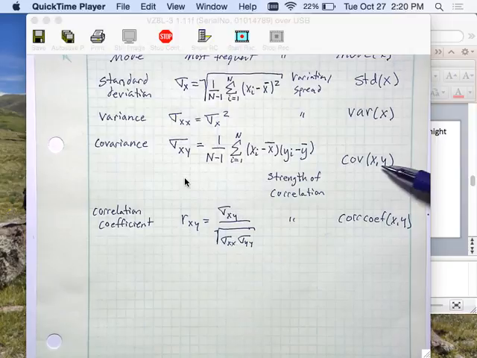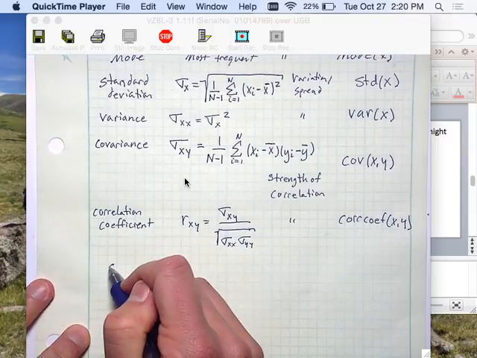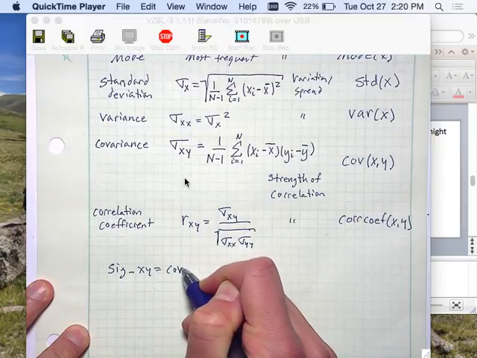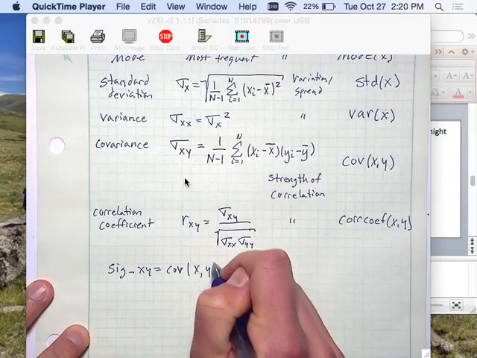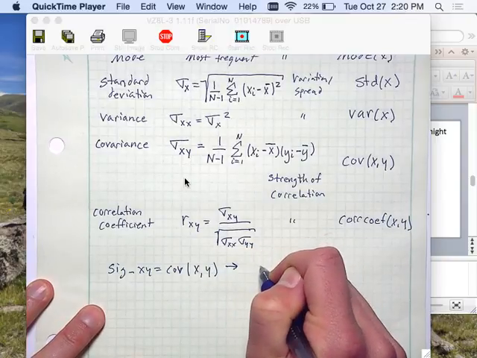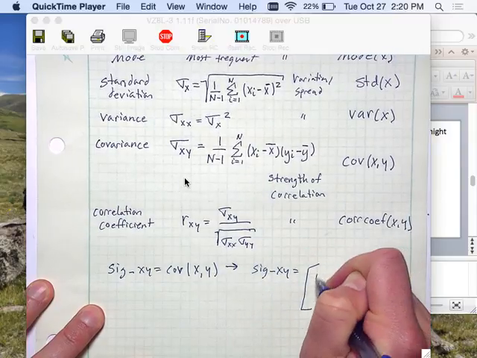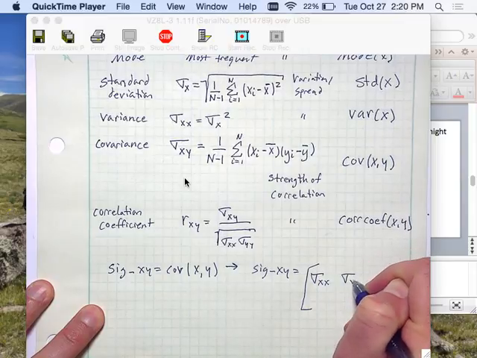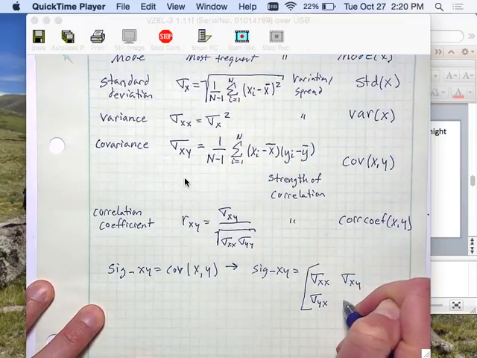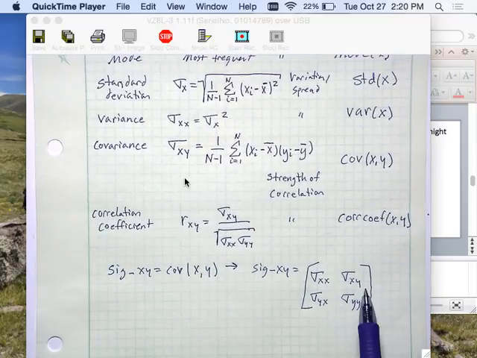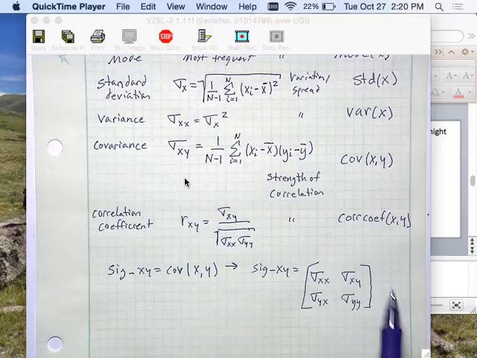So in MATLAB, the covariance and the correlation coefficient, if you type those into MATLAB, it's going to give you a matrix of 4 things. So for example, if we typed in sigma of xy equals the covariance of a data set x and a data set y, we would get out that sigma xy equals a 2 by 2 matrix, and if you're looking for sigma xy, then you'd have to take the first row, second column to get that.